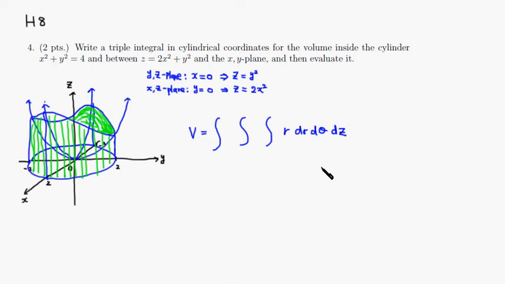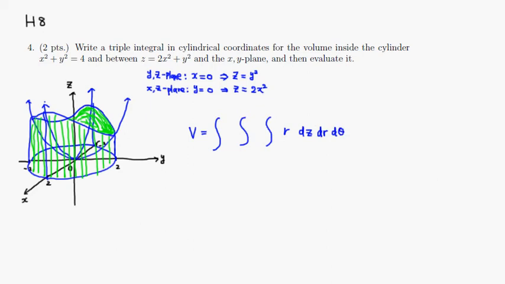We want to do dz first, then dr, d theta. It's probably the easiest that way. So I'm going to change the order here: with respect to z first, then dr, and then d theta.